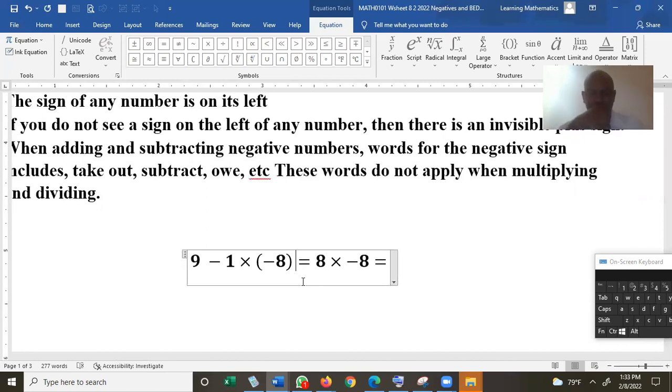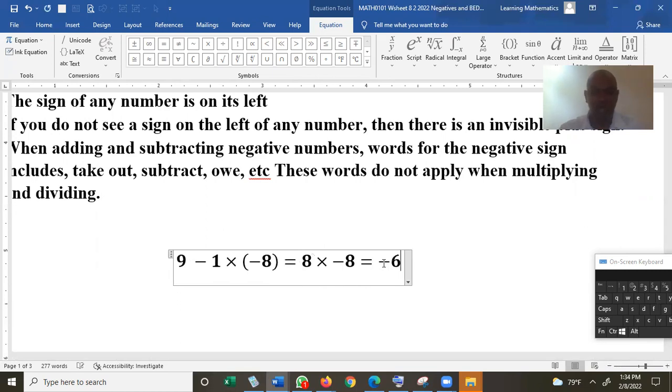Say yes or no, or you don't know. Anybody would like to agree or disagree that I have 9 minus 1 times a negative 8, and I put 9 minus 1 is 8 times negative 8, and I'm going to get negative 64.